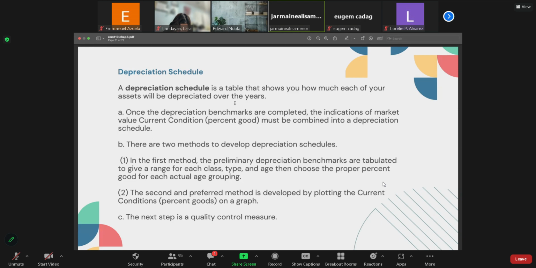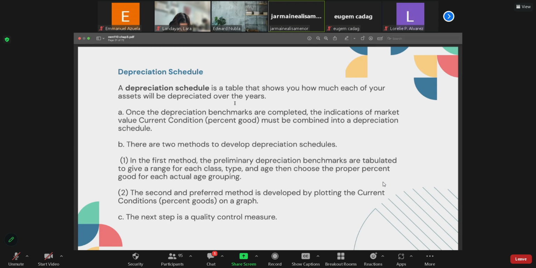There are two methods to develop depreciation schedules. In the first method, the preliminary depreciation benchmarks are tabulated to give a range for each class, type, and age, then choose the proper percent good for each actual age grouping. From this base information, a depreciation schedule for all actual ages can be developed.